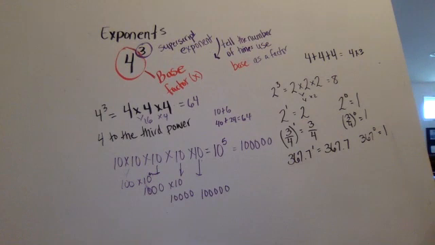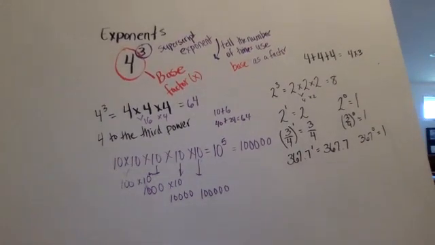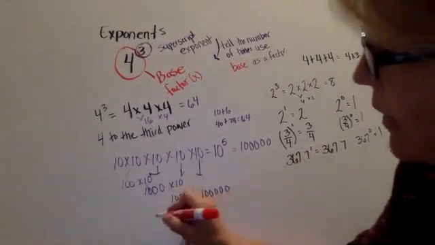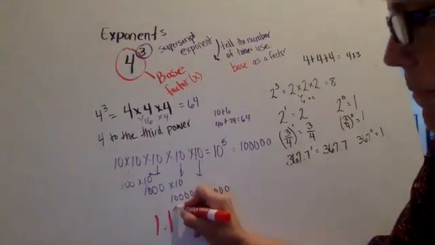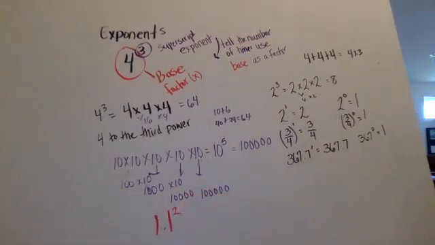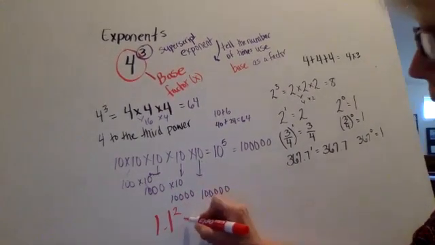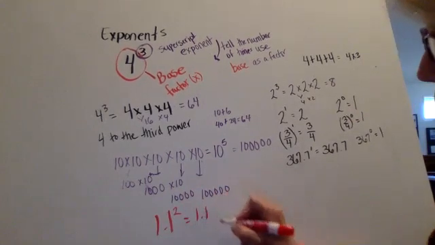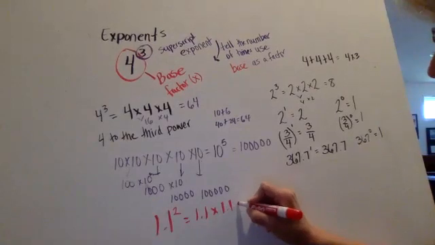So I can go back and forth with exponents. I could be given a number like this, 1 1/10 to the 2nd power, and your book says, find the value. So what is that? Well, what does it mean first? 1 1/10 times 1 1/10, and I need to find that out.